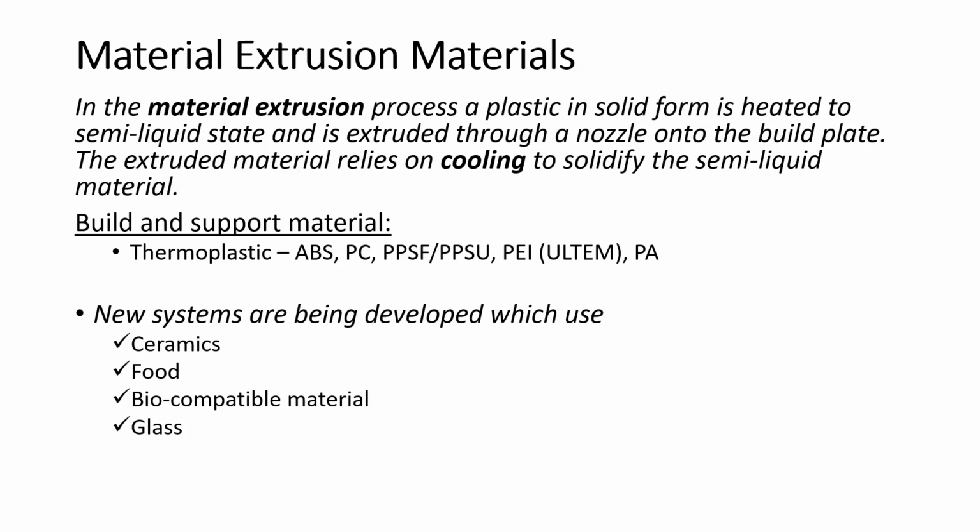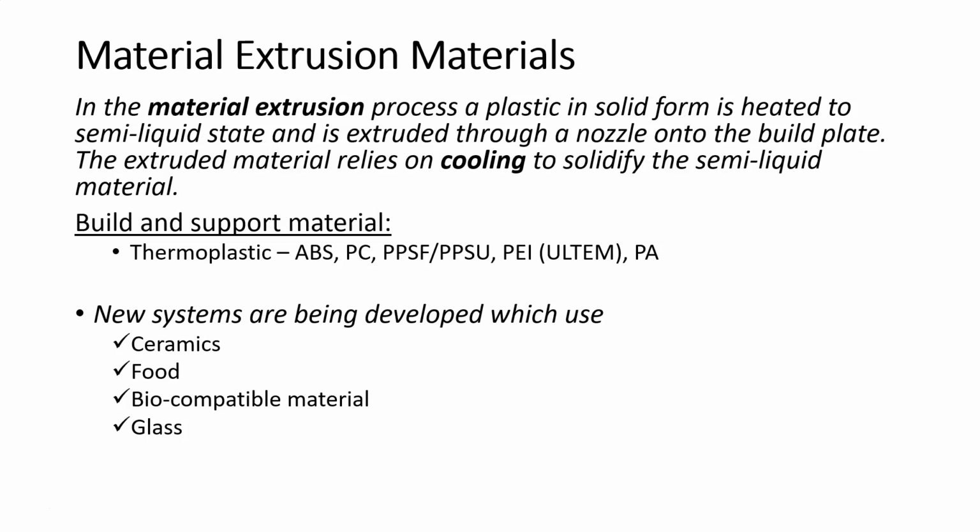So noteworthy thermoplastics include ABS, PC, polycarbonate, PPSF and PPSU, polypropylene, PEI, which is known by the trademark Ultem, and then PA. There's other ones as well. There's PLA, there's nylon. I can go on, and we'll talk about that in a couple of slides.